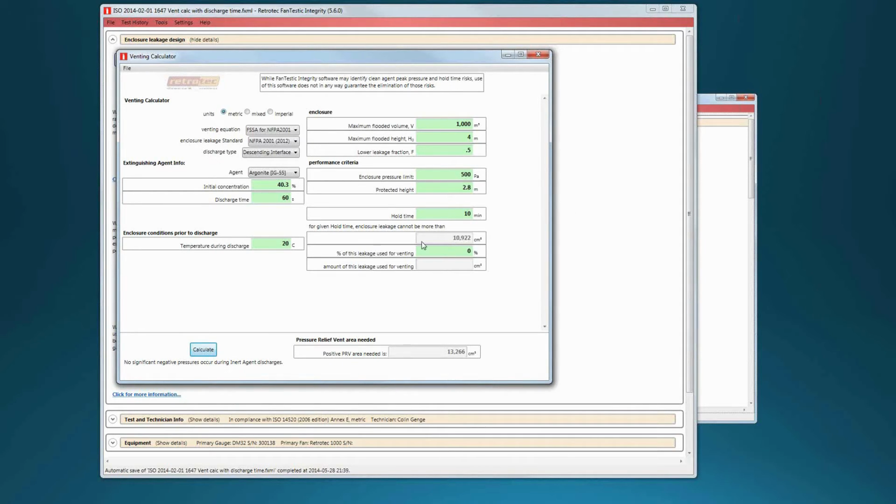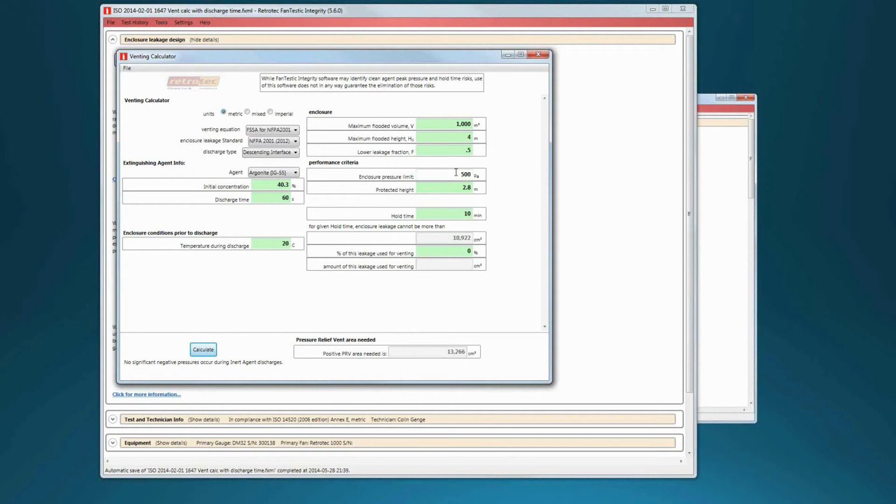So here we see that for the given hold time, the enclosure leakage cannot be more than 10,922 square centimeters, and the pressure relief vent has got to be 13,000. So if we were to tighten the enclosure down so we got exactly 10 minutes of hold time, then we still don't have enough leakage, assuming we can use the enclosure leakage in order to relieve that pressure.